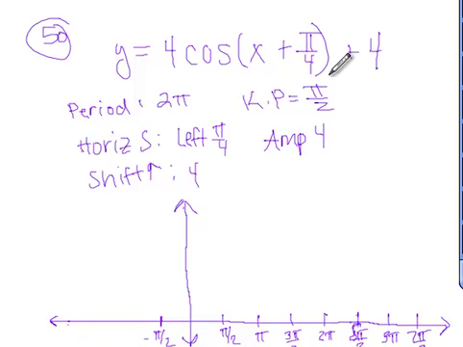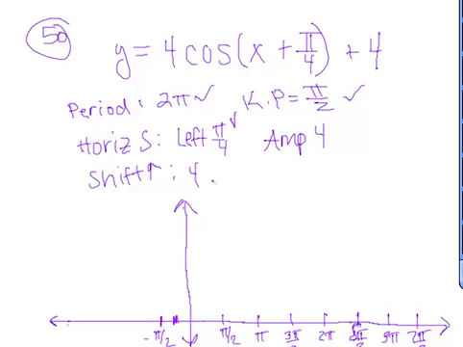Here what I have taken into account is my period and my key points. This is cosine now, so typically I would have started up at its maximum, that amplitude, but instead of starting at 0 for that, I'm going to be starting at my amplitude right here, and I'm going to be using these in-betweens because of the shift.